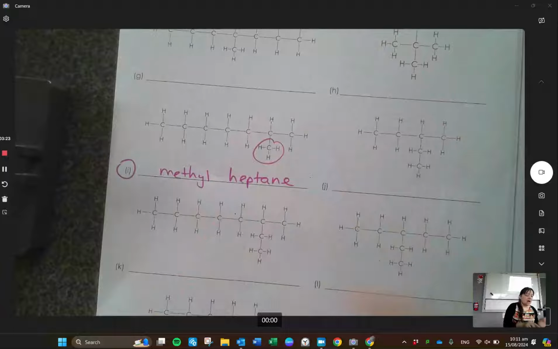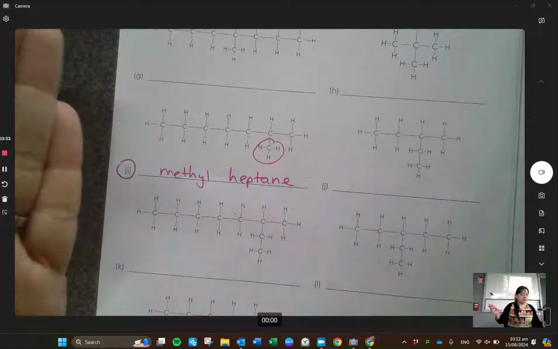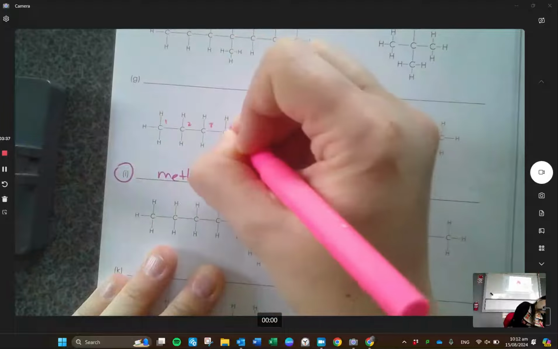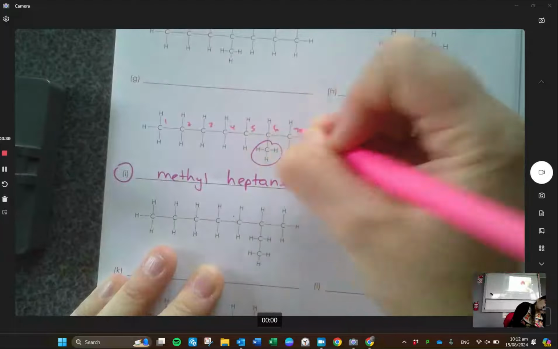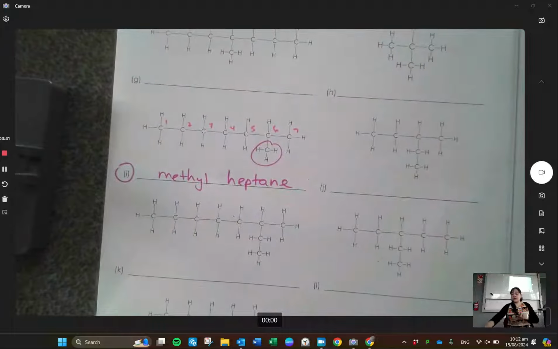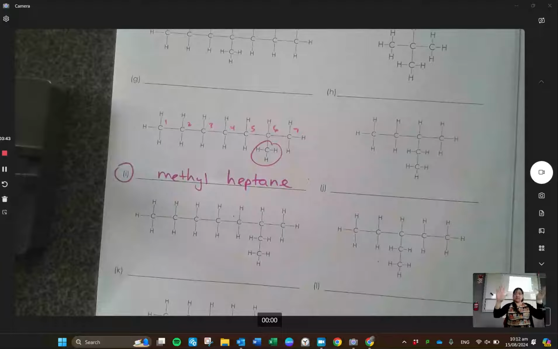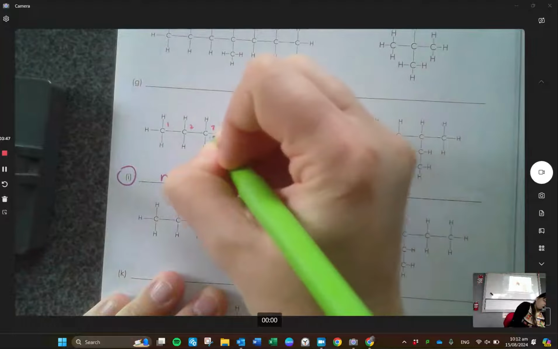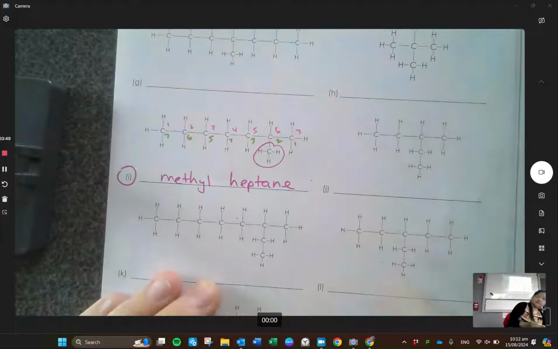So next thing I need to do is number this carbon chain. We can only number the carbon chain once. So either I number it going from left to right, 1, 2, 3, 4, 5, 6, 7, or I number it from right to left, 1, 2, 3, 4, 5, 6, 7.